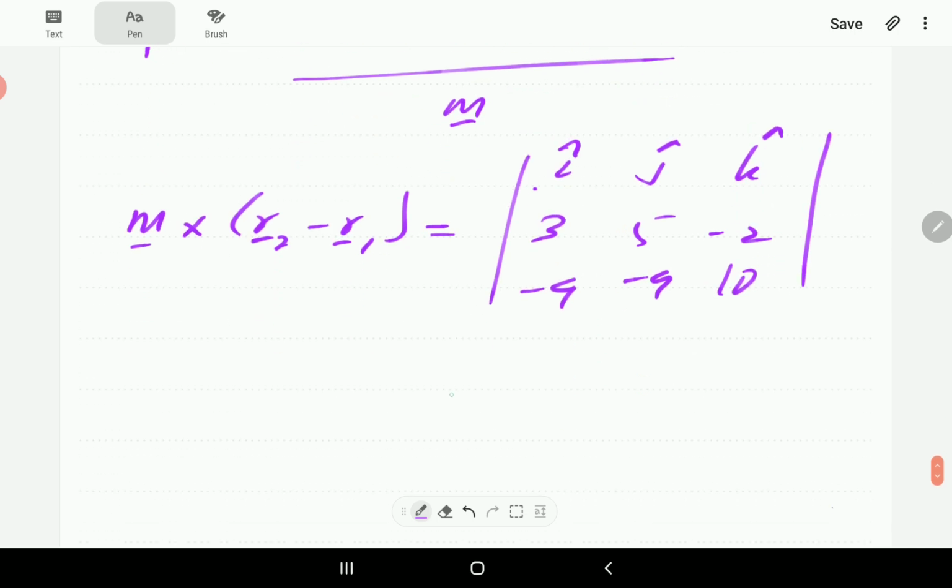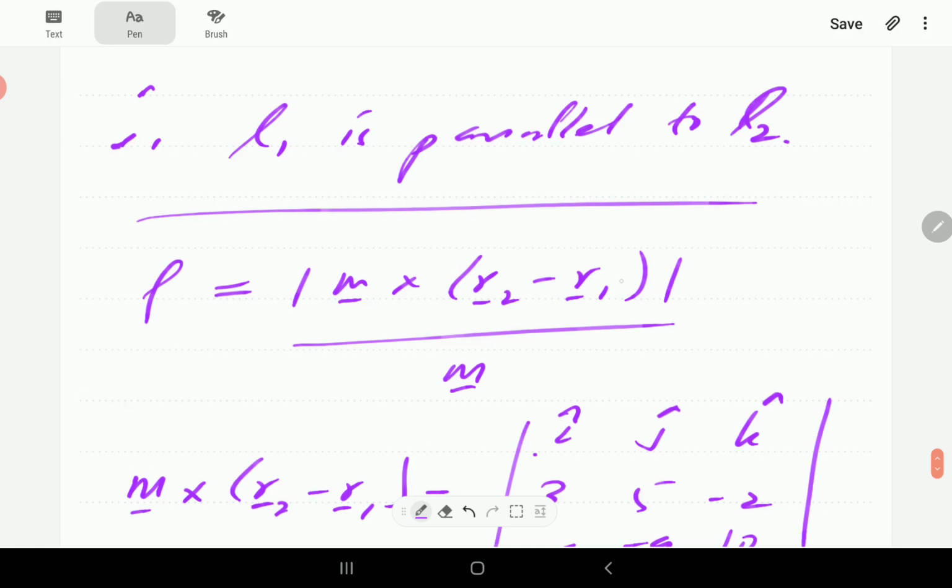Okay, if we do this calculation, I'm going to get 32, minus 12 and 18. Okay, so that slots into the numerator.